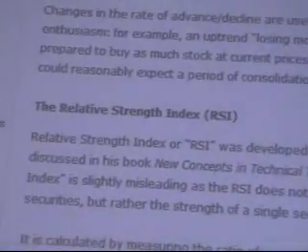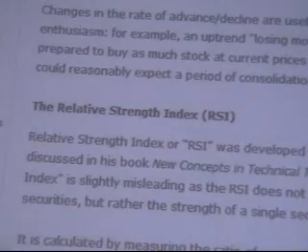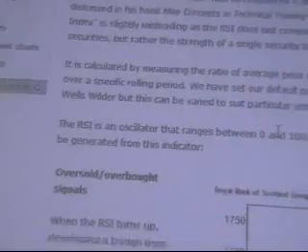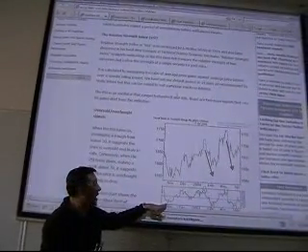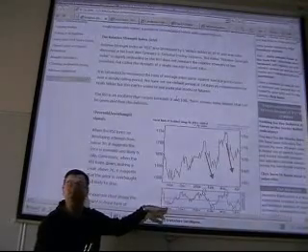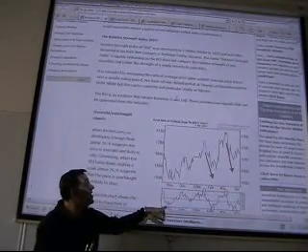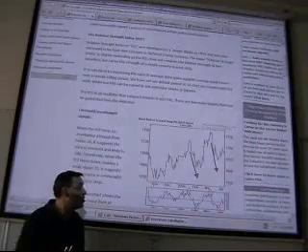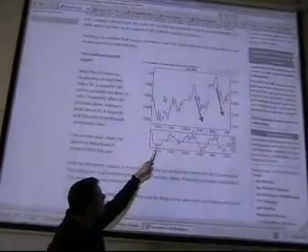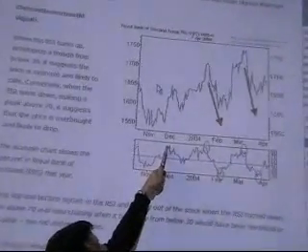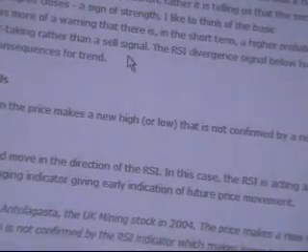RSI indicators are usually normalized between 0 and 100, and once they drop below a certain meaningful level, around the 25-30 zone, it indicates an oversold condition. Let's scroll a little further, and at the same time, once it goes above 75 or 80, it indicates an overbought condition.